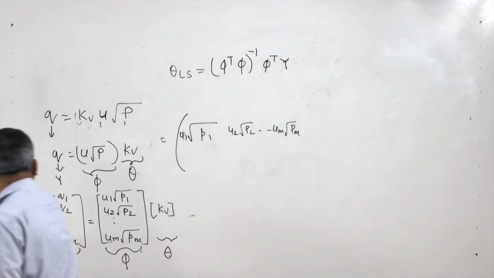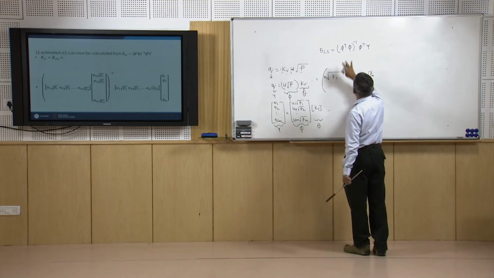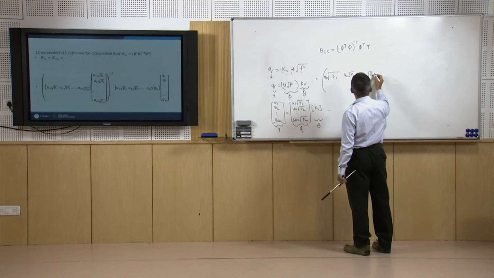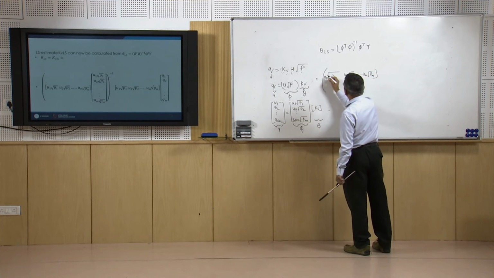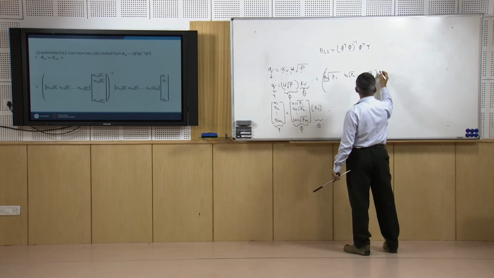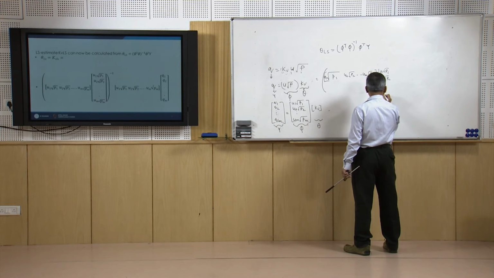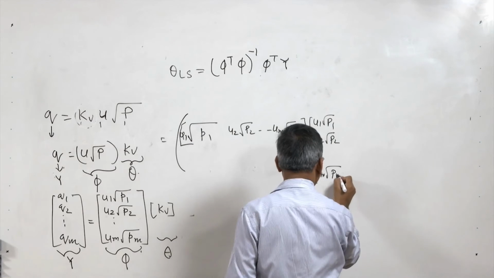So this is my first term. Then what I have is phi, which will be as it is, that is u1 root p1, u2 root p2, and root pm.